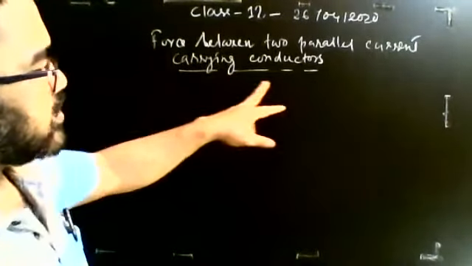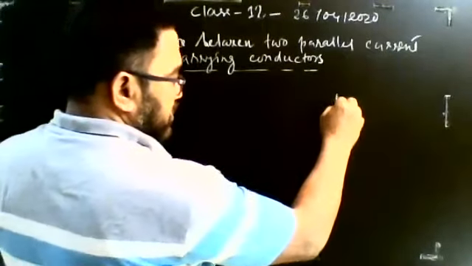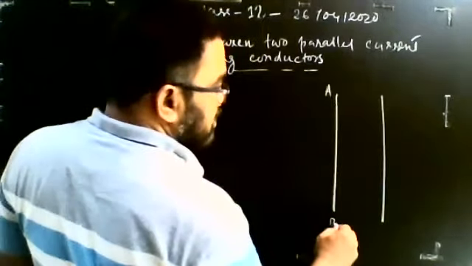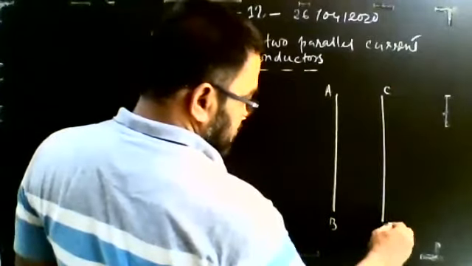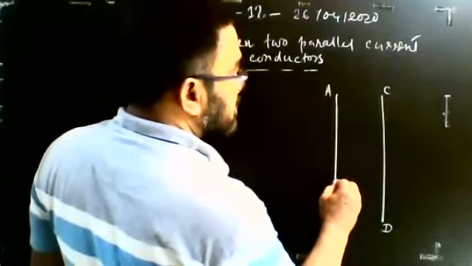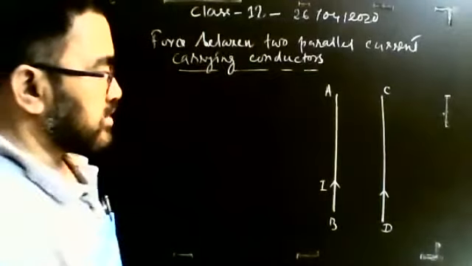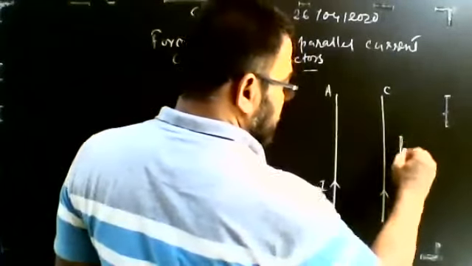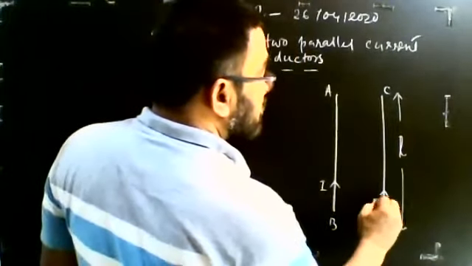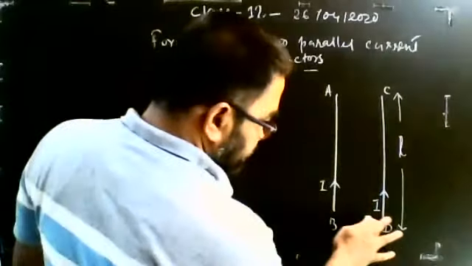Here there is no external magnetic field, right? So suppose we have AB and CD, two conductors, both of them carrying the same current I and of equal length L. Both the conductors are carrying the same current.